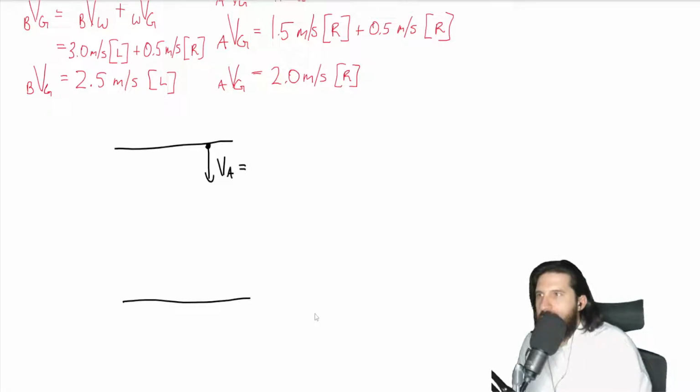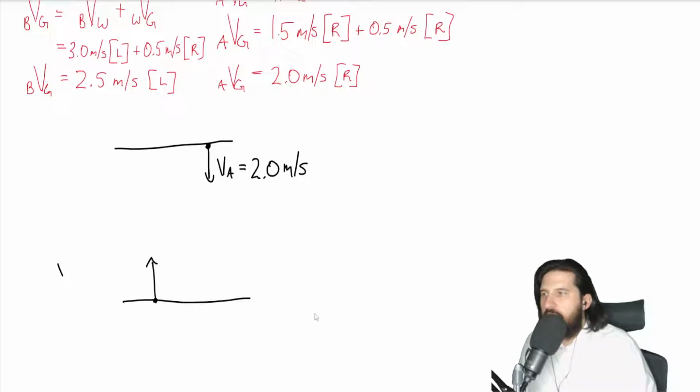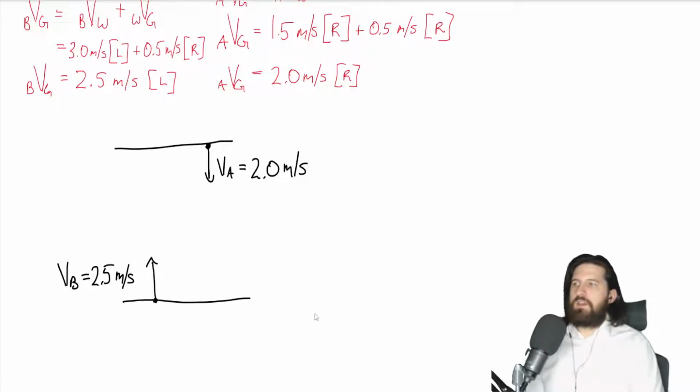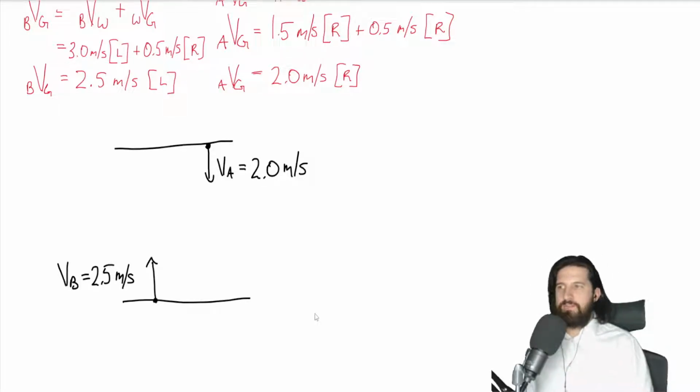Velocity of A is 2 meters per second this way, and velocity of B is 2.5 meters per second this way. And the water is still, it's the same math. Okay, this will be the same math.